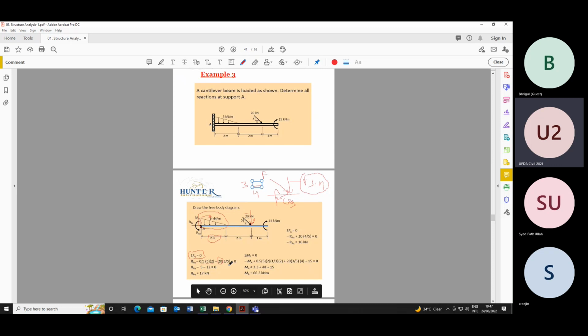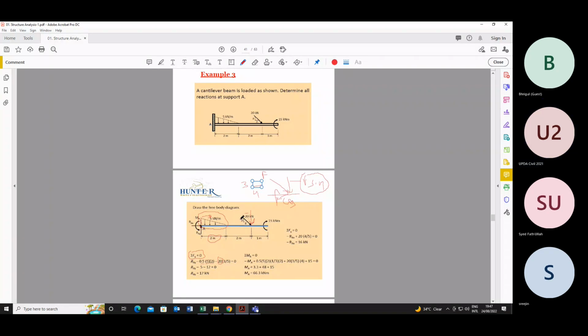What is the sin theta? Sin theta is always perpendicular upon hypotenuse. What is perpendicular shown? Perpendicular is 3, as it is written here. What is hypotenuse? Hypotenuse will be this part of the triangle.